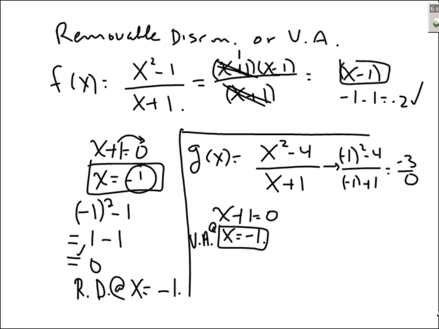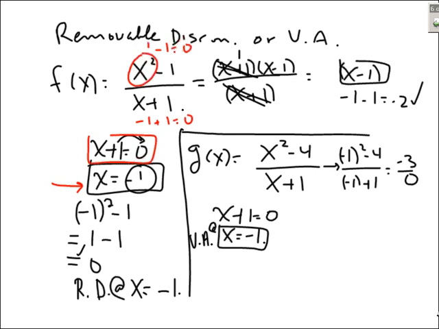Okay. Now, let's go back to the last one because I realized maybe I didn't do such a great job. Let's go back to the last problem. We took the denominator and we found that it was 0 at negative 1. And then we plugged in negative 1, at least I should have. Negative 1 squared is 1, minus 1 is 0. Negative 1 plus 1 is 0.